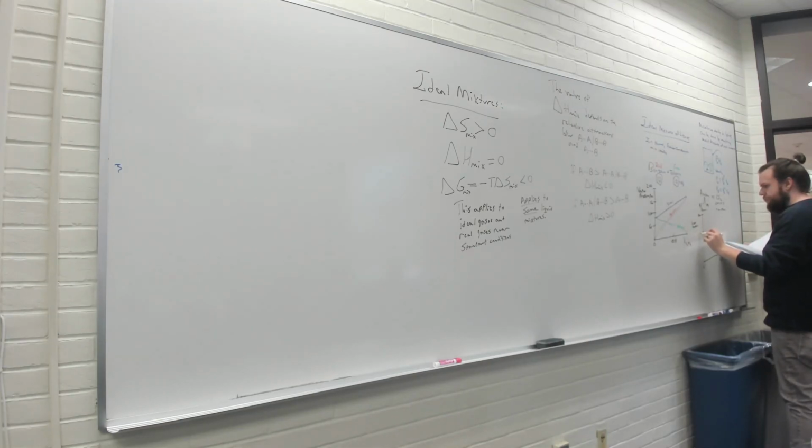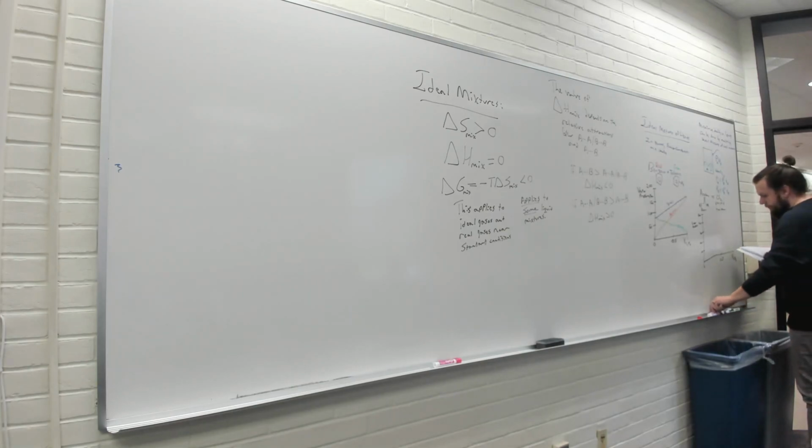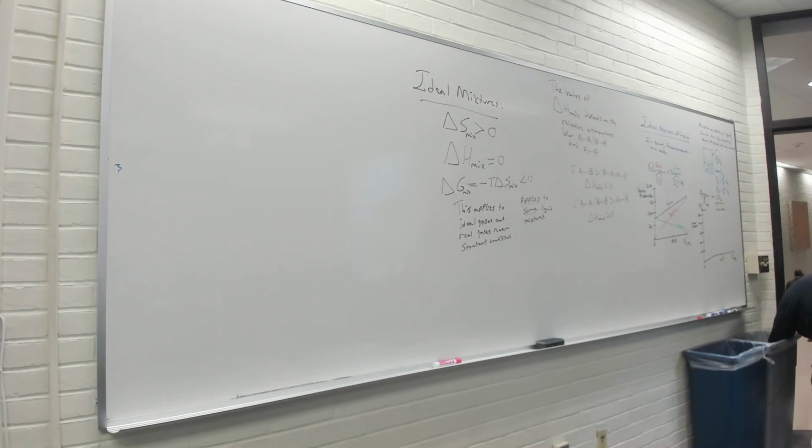It's 300, 400, 200, 100. Okay. And then we'll do the same colors again. This will be red, and carbon disulfide will be green.